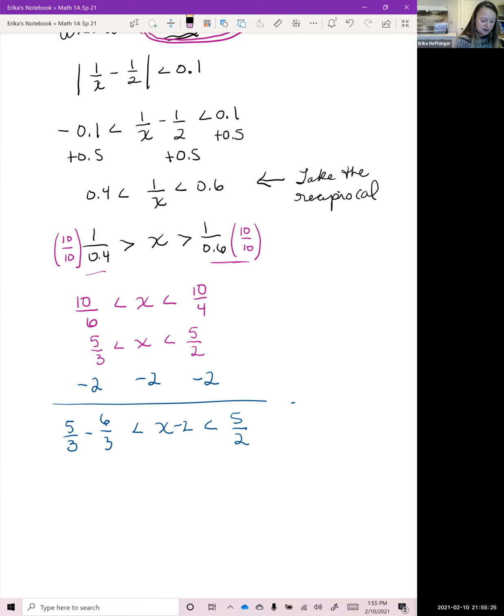But in order to combine those, I need a common denominator. So this is minus 4/2. Okay, so 5/3 minus 6/3, that is a negative 1/3, is less than x minus 2, which is less than 5/2 minus 4/2. This is 1/2.